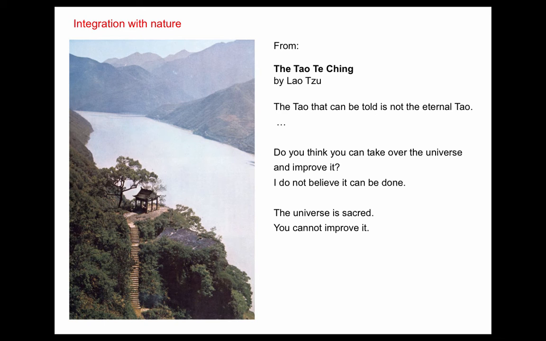Can anybody tell me what geomancy is? Can anybody tell me what Feng Shui is? So geomancy and Feng Shui are the same thing. And Feng Shui is positioning and orienting your building and your spaces so that the flows of energy will work with you harmoniously.